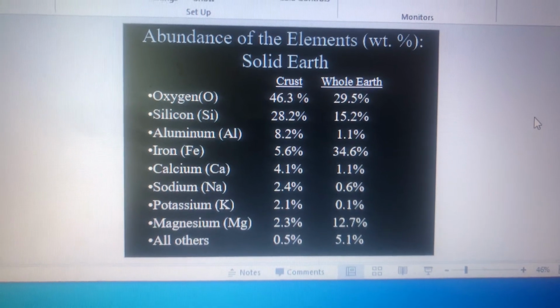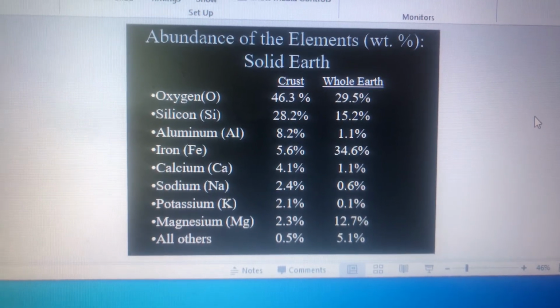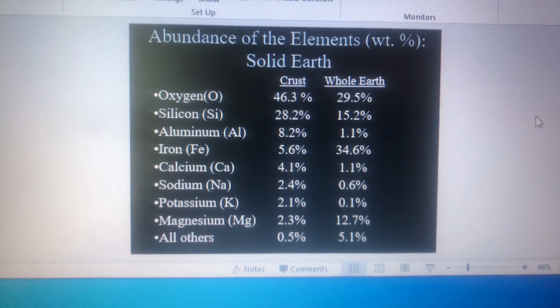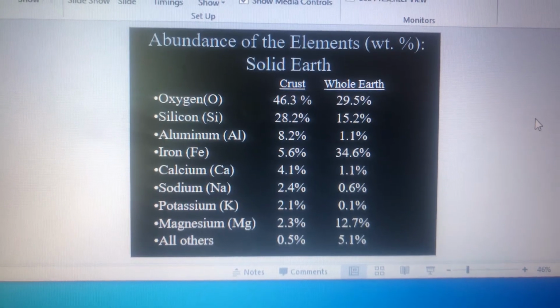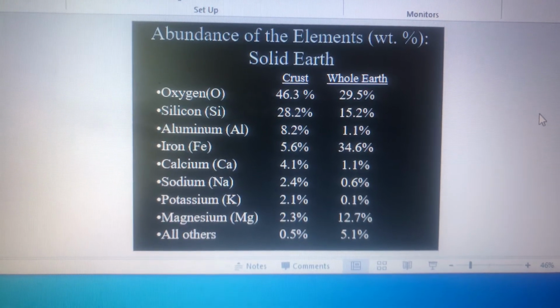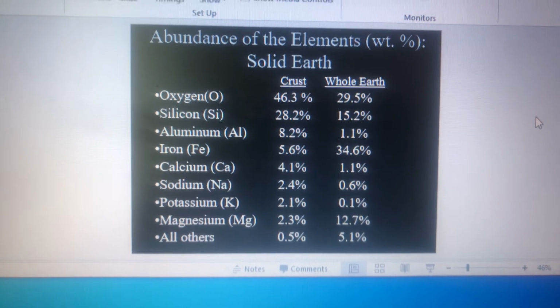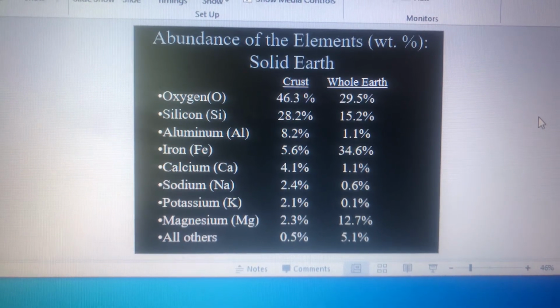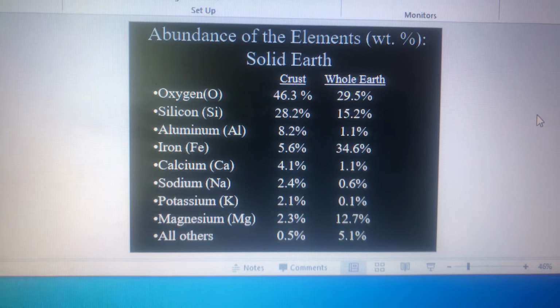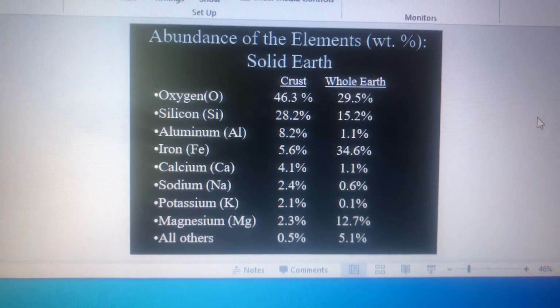So the crust of our Earth is 46.3% oxygen. Of course, oxygen combines easily with so many other materials, and it combines with silicon and aluminum and iron and all these others. So it's not by itself, obviously, because it's solid. And so the crust of the Earth, 46% oxygen.